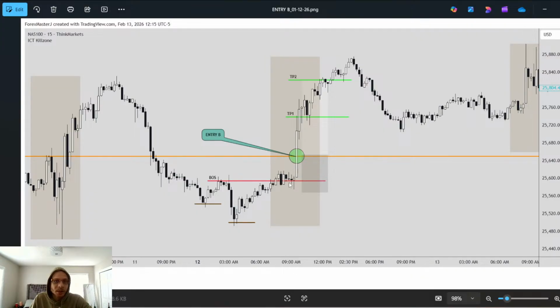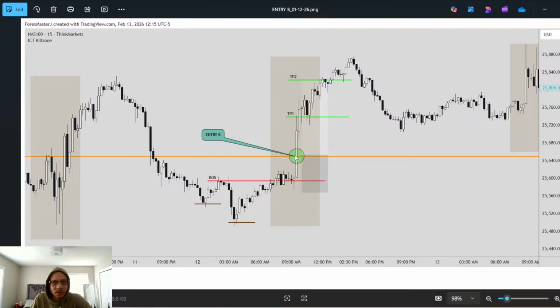This would be an entry B. We have our entry indication from the 1 hour, our correction, and as you can see, the steps down. Then we break structure here on these candles right here. Price comes back, lingers around, and then on the way up, entry B. The reason this would be entry B is because this higher low was formed on the same move, because this was market open at 9:30.